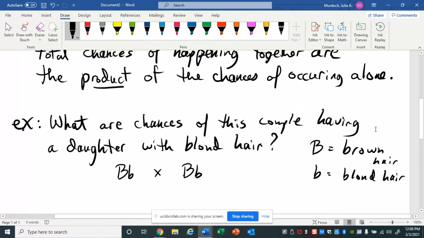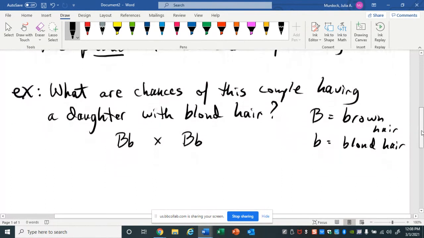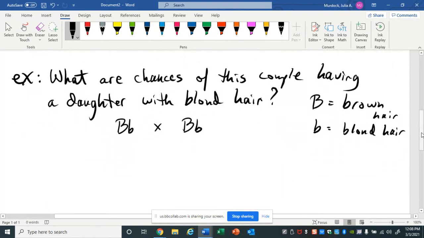First of all, let's handle the hair color. The chances of this individual, regardless of what the gender is, having blonde hair is what? Give it to me in terms of fraction. 1/4. Yes. Following? So yes, 25% is correct, but when you're doing the law of probability of multiplication, it's usually easier to use fractions.